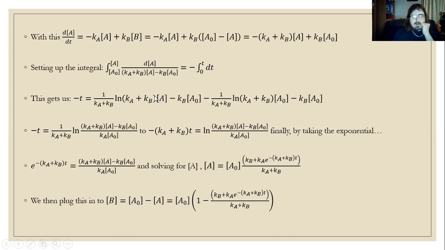Essentially like ln of (ka + kb)A minus kb A0, minus negative 1 over (ka + kb) ln of ka A0 minus kb A0.